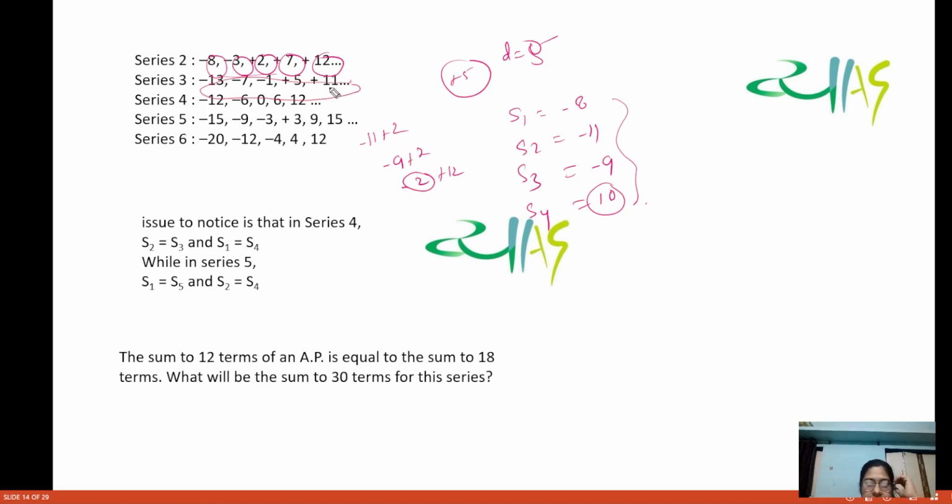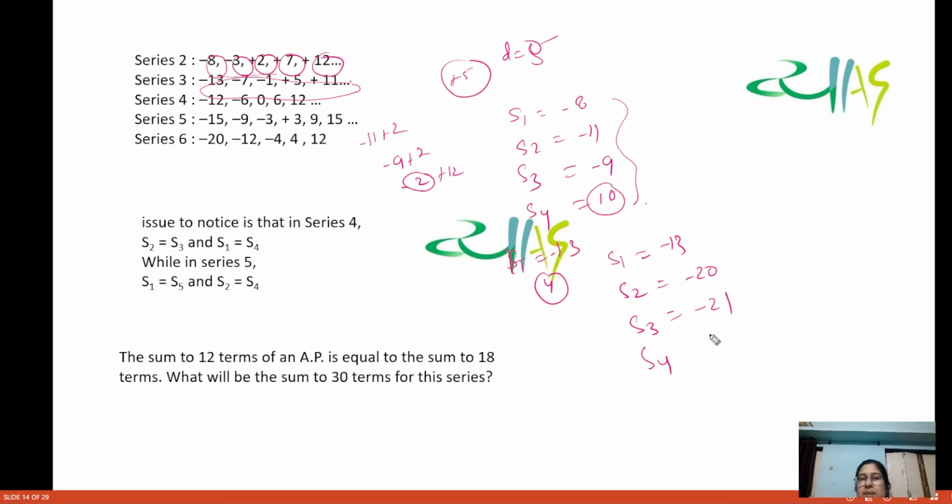Let us check for this series. Here you have the first term t1 as -13, and then we have plus 4 as the common difference. So S1 is -13. What is S2? It is -20. What is S3? It is -21. What is S4?